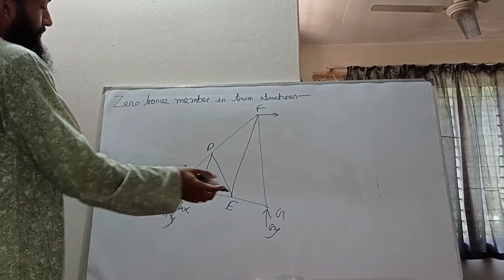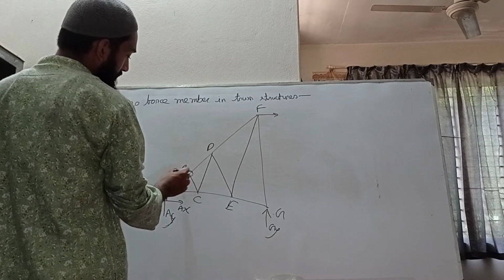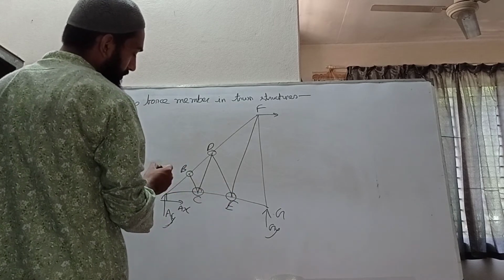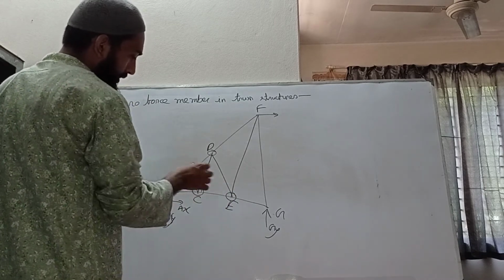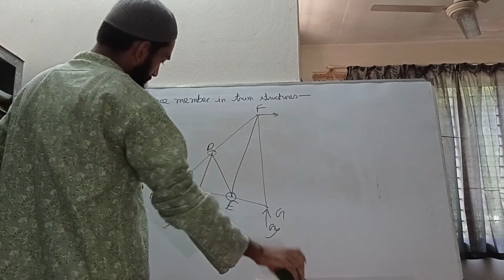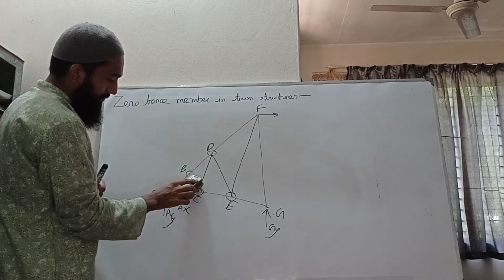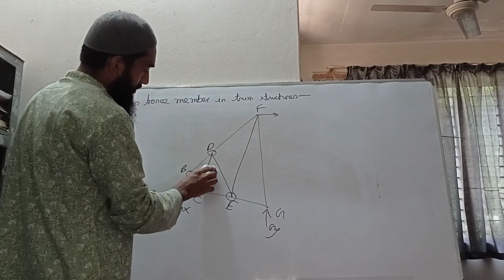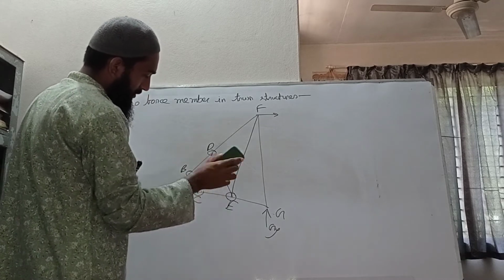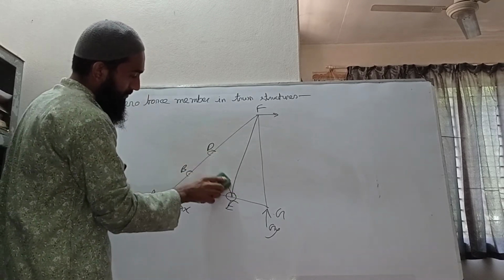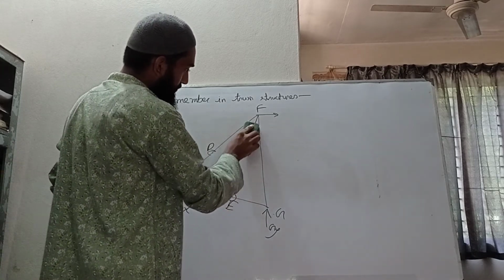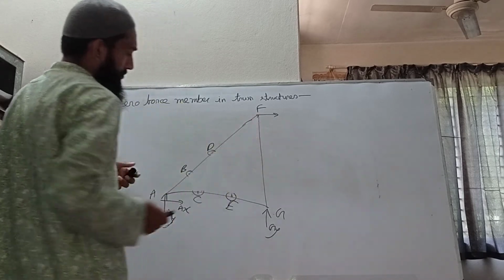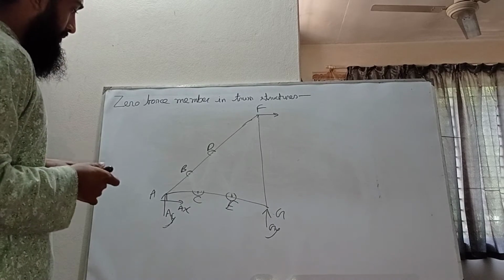In this truss, there are joint B, joint C, joint D, and joint E. We can apply rule 3 in all the joints in that sequence. If we follow from B, first of all this member becomes a zero force member. Then from that joint, this member becomes a zero force member. Then this one, and then this one. So this is the simplified truss, and we can solve it easily.